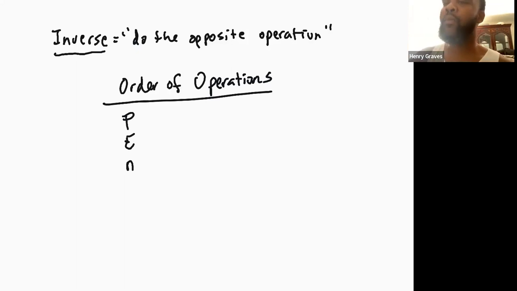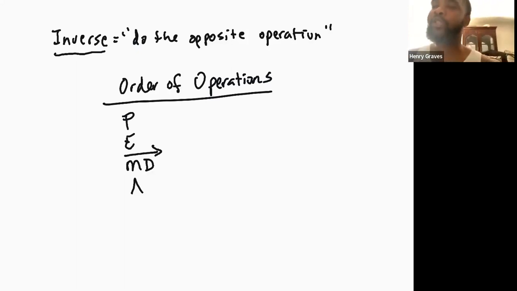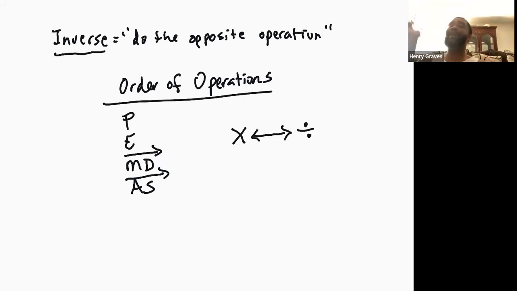So based on the order of operations, the opposite of multiplying and dividing go vice versa, right? The opposite of multiplying is to divide, and the opposite of dividing is to multiply. Likewise, the opposite of adding is to subtract, and the opposite of subtracting is to add.